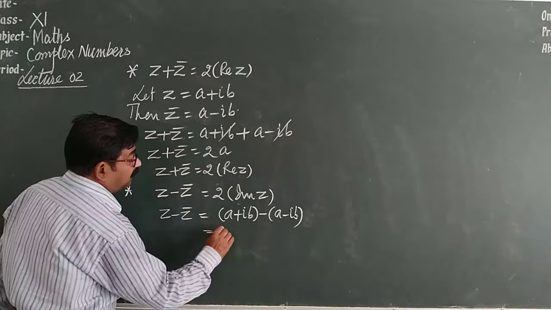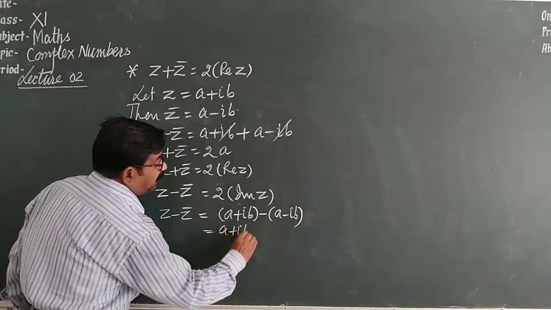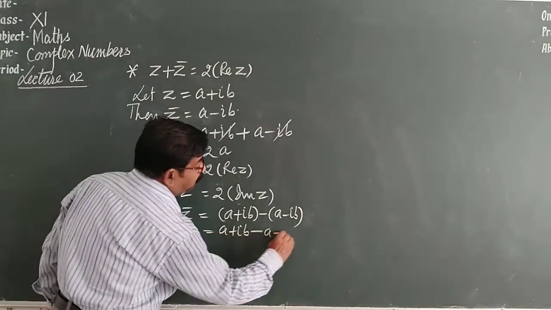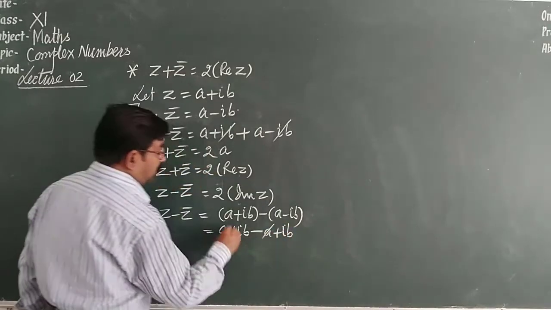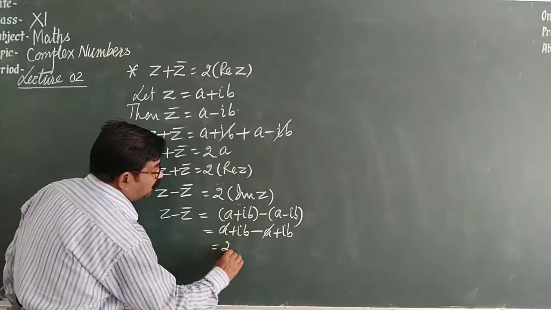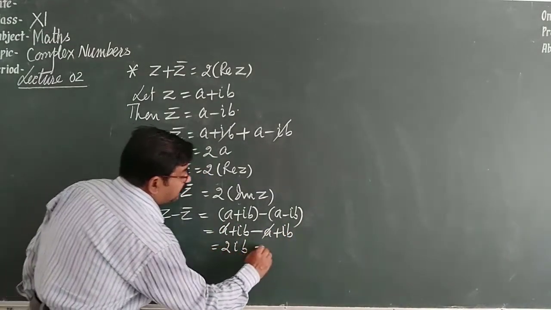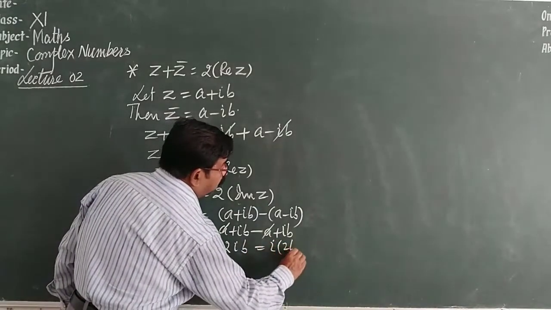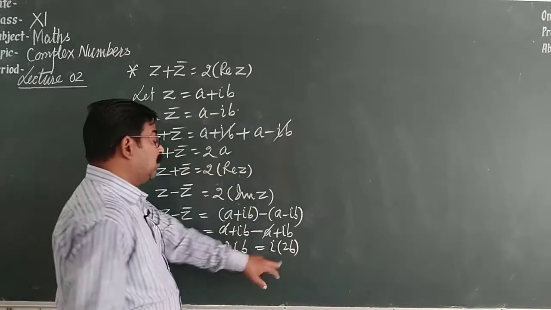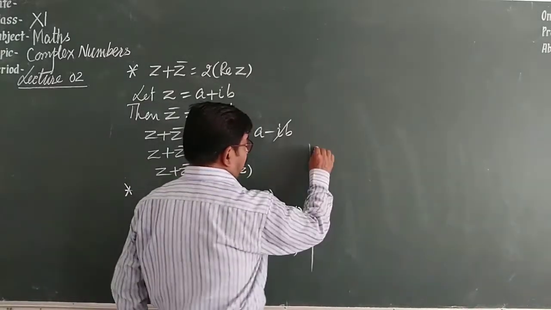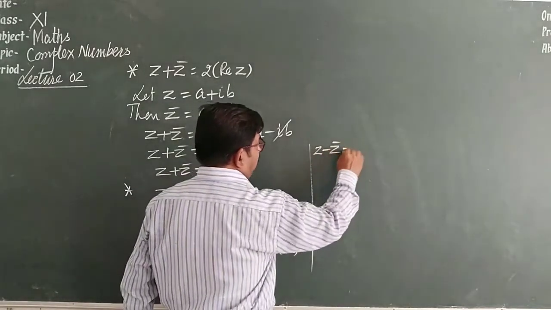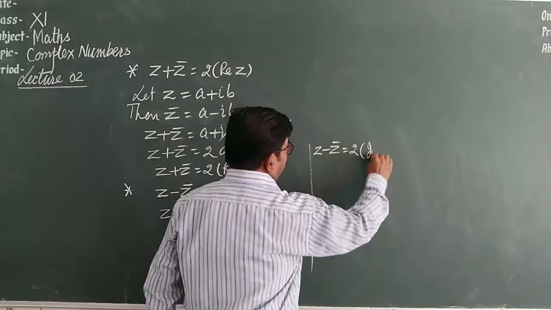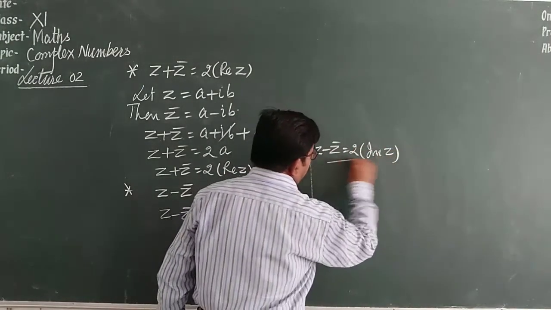So we have a plus ib minus a plus ib, the minus a and plus a will go. This is 2 times ib. This can be written as i times 2b, and this is twice the imaginary part. So we can write z minus z bar is equal to i times twice imaginary z. This is the fact.